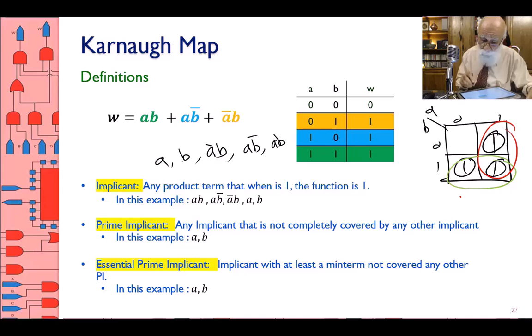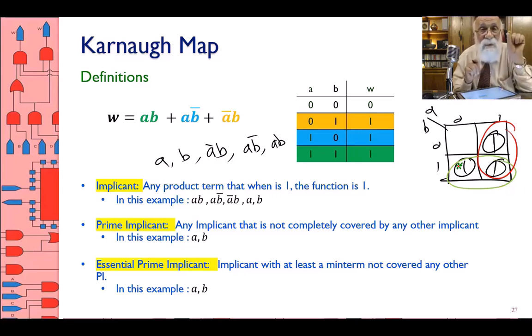Look at the green one. The green one has a 1 here. I put a star next to it. This one is not covered by any other prime implicant. You might say, well, wait a minute, there is this black one that is covering it.